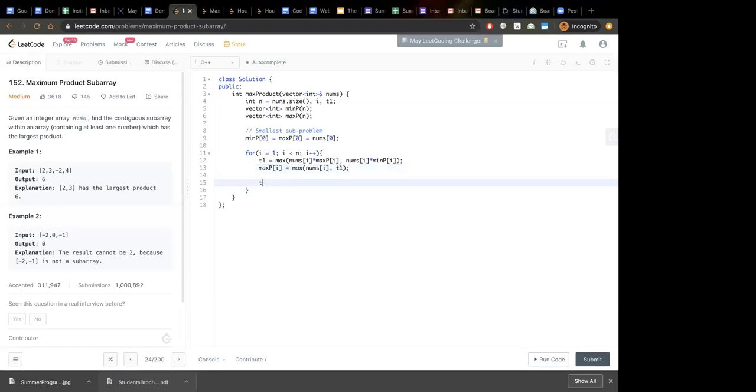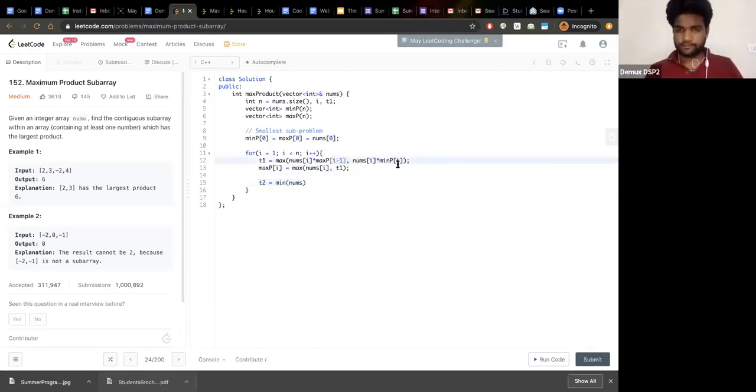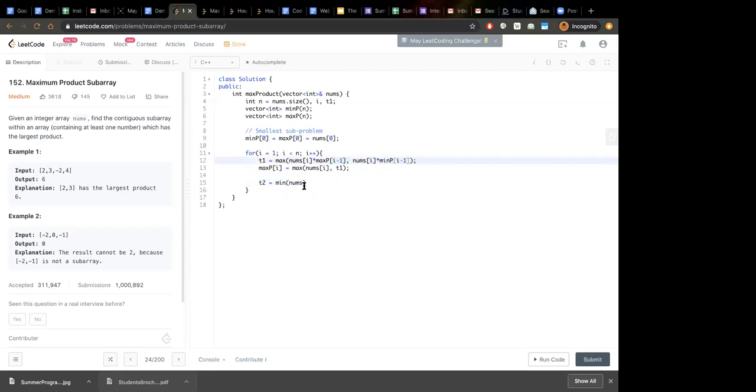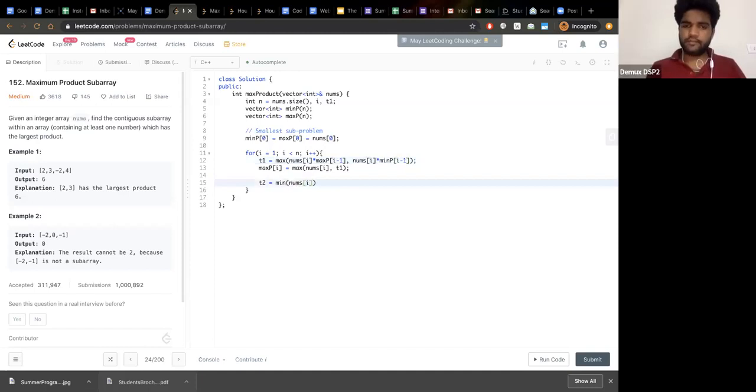So max p of i minus 1. What? Max p of i minus 1. Yeah, i minus 1. And T2 will be just, or you could reuse T1 again. Who cares? So it will be the min of these two. You can actually use if elses also, the logic that I said, wherein you are checking the sign, but that is being encapsulated in this. T1.